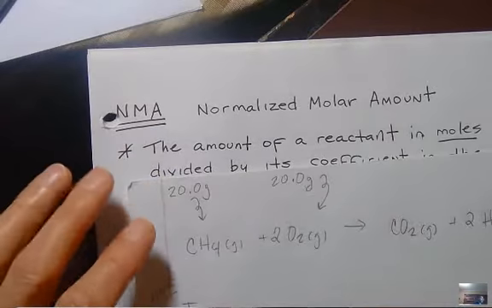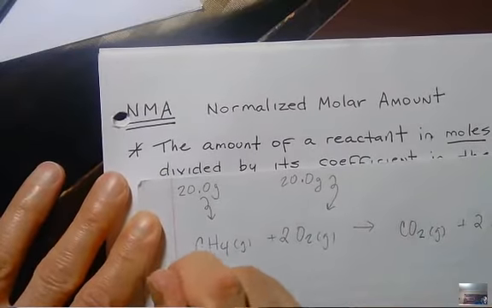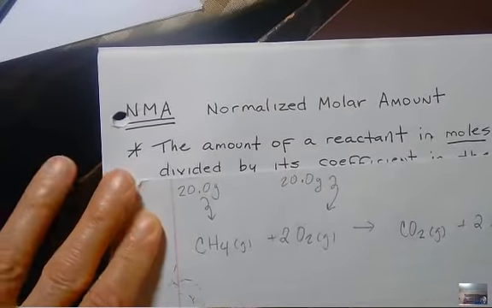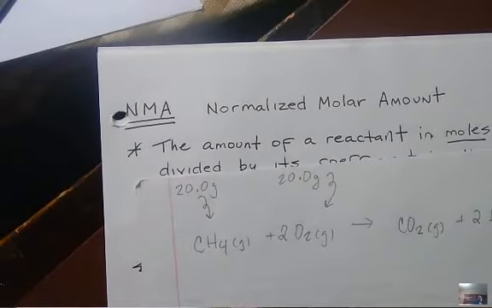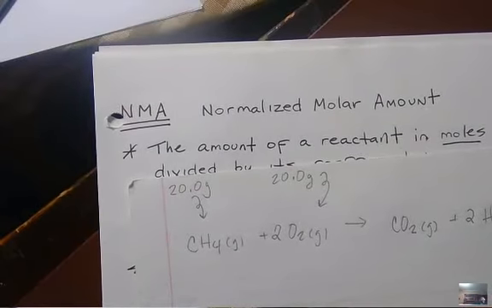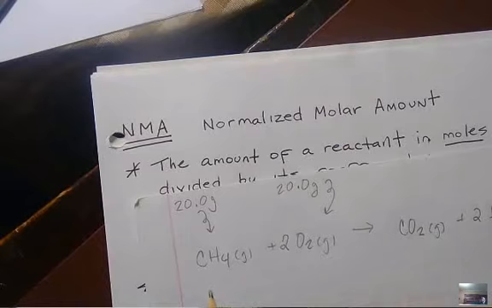So with this third way, you can pretty quickly determine which one you're going to run out of first by converting all of the reactant materials to moles and then dividing them by their stoichiometric coefficient. For instance, I would take this 20 grams, convert it to moles by dividing by its molar mass. Once I had its moles, I would divide by 1 because its coefficient is 1.